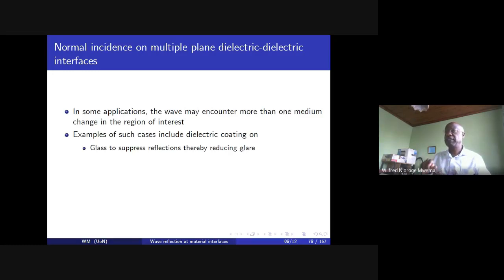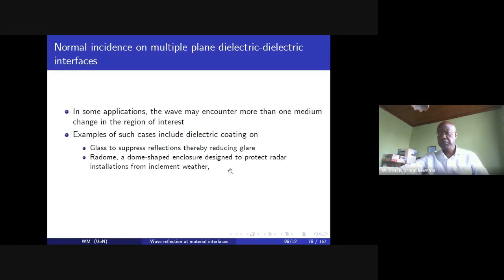And therefore, if eta 2 is very close to eta 1, the reflection coefficient tends to 0. It will vanish when they are equal. This is called impedance transformation. So we can coat glass to suppress the reflections.